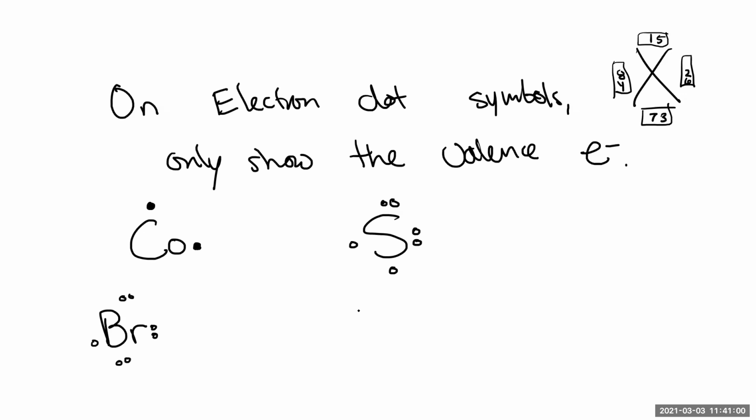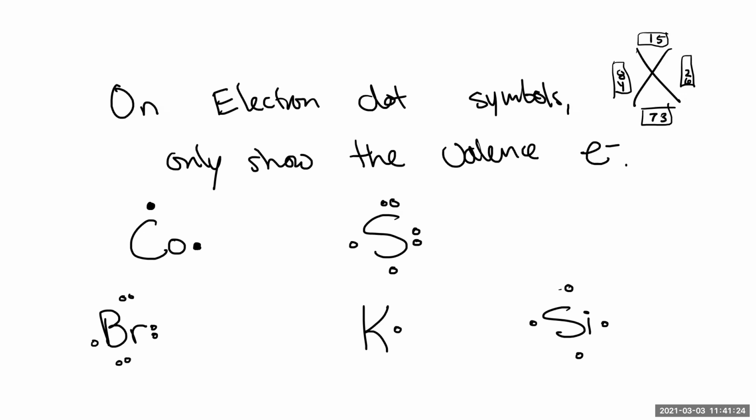If we look at potassium, potassium is in group 1, so it has 1 valence electron, like so. If we look at silicon, silicon has 1, 2, 3, 4 valence electrons.